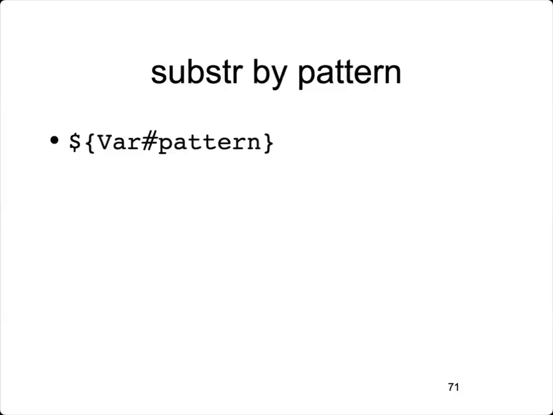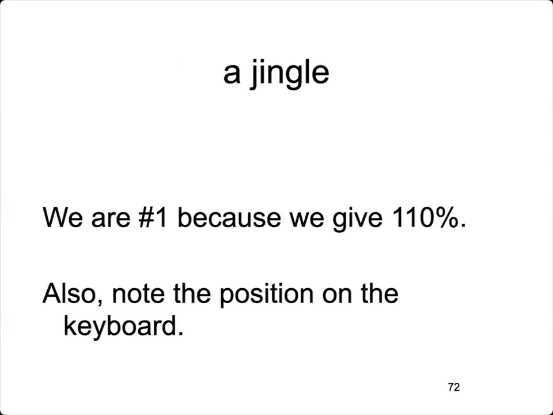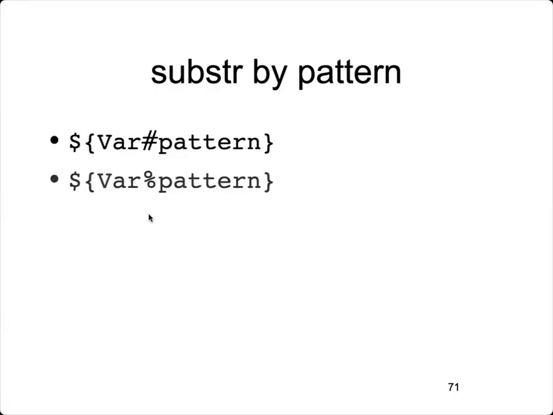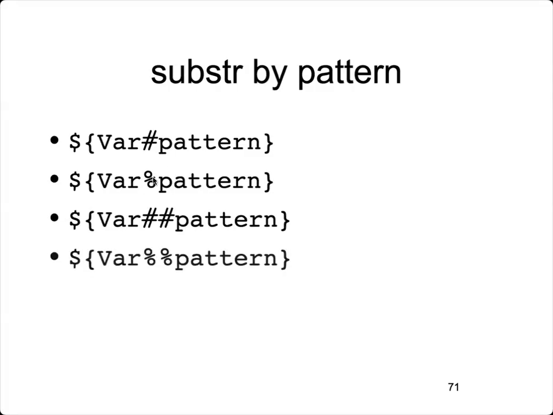So substring by pattern. We can remove a pattern from the contents of the variable with these commands, and how you can remember them: this removes it from the front once, this removes it from the back once, and then the other two are as many as possible and as many as possible.